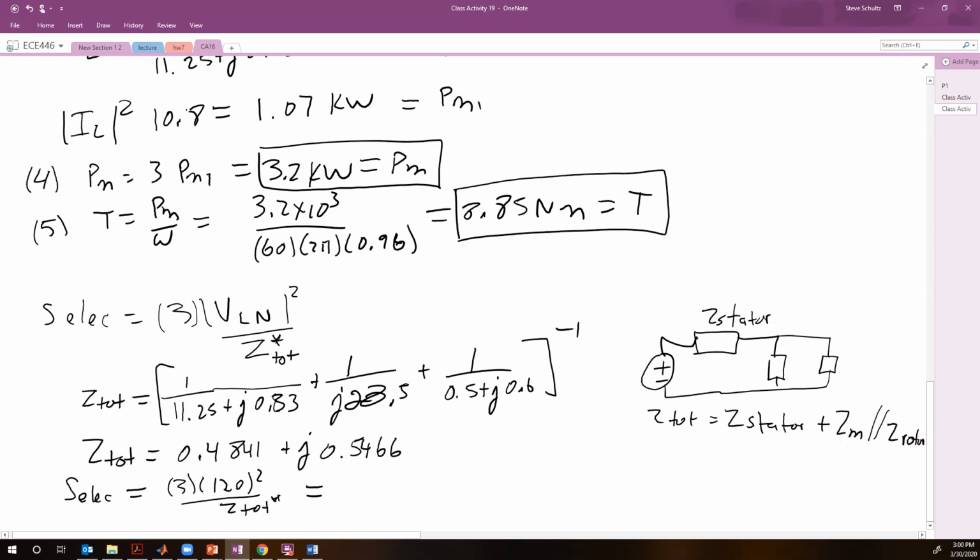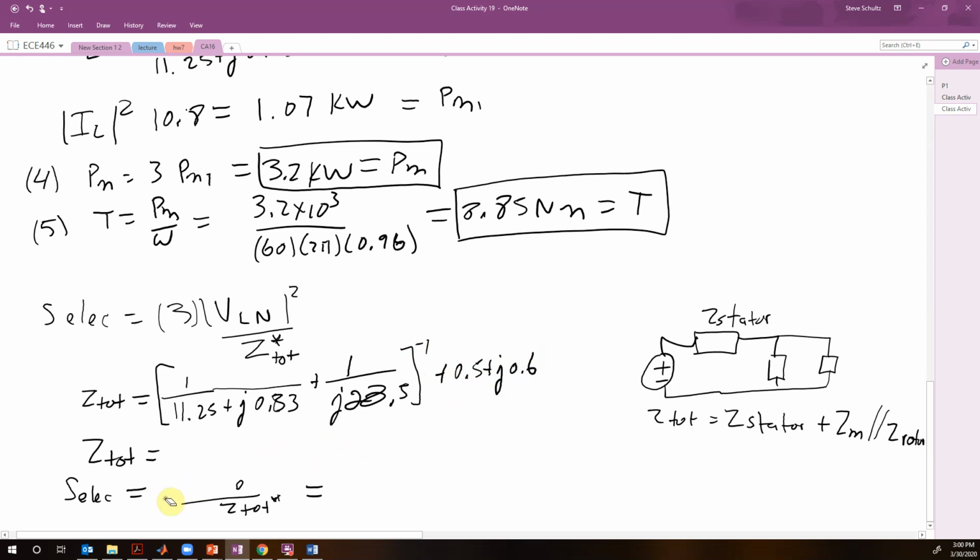Okay, so let's fix this. So this is equal to 9.76 plus j4.96.